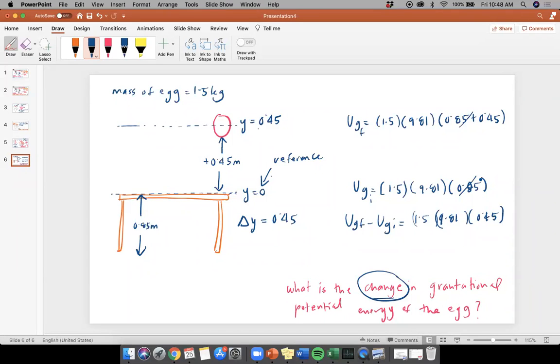Okay, so now my question is, what is the work done against gravity to lift the egg? This was number 1.